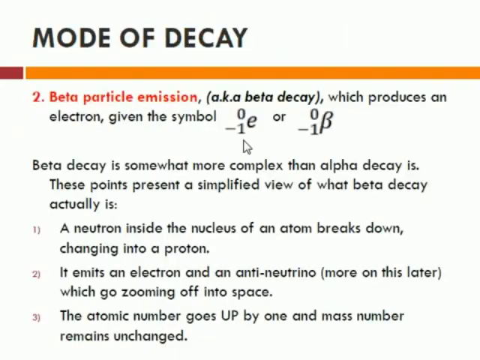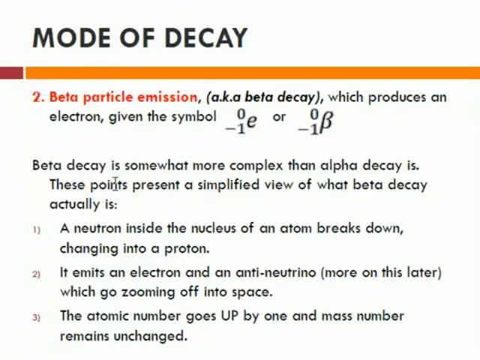So next we have beta particle emission or the beta decay, which produces an electron, given the symbol of an electron. So we have 0 here and -1 here for the atomic number. Because this is called beta decay, you can replace the electron symbol with beta.